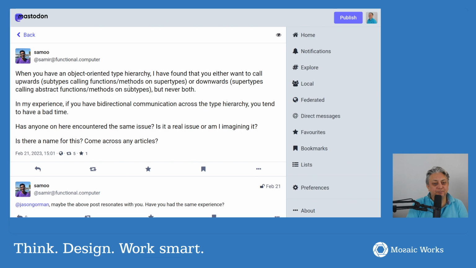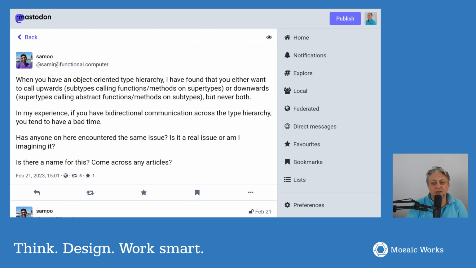But in this case, he was asking about something that looked like a specific problem related to inheritance. When you have an object-oriented type hierarchy, I have found that you either want to call upwards, subtypes calling methods on supertypes, or downwards, supertypes calling abstract methods on subtypes, but never both.